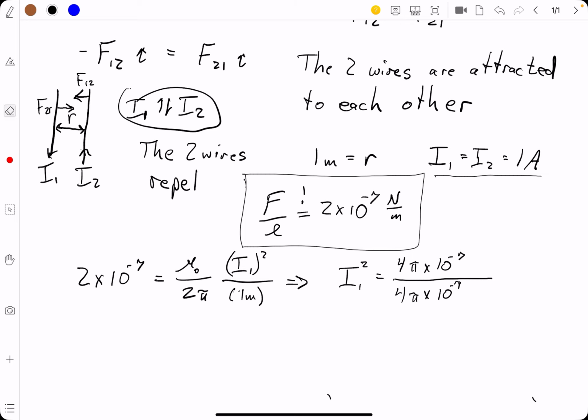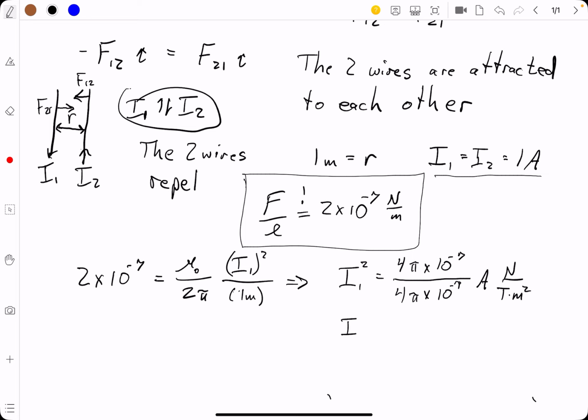Our units are amps times newtons per, but this whole thing is also amps, so we end up with amps squared.